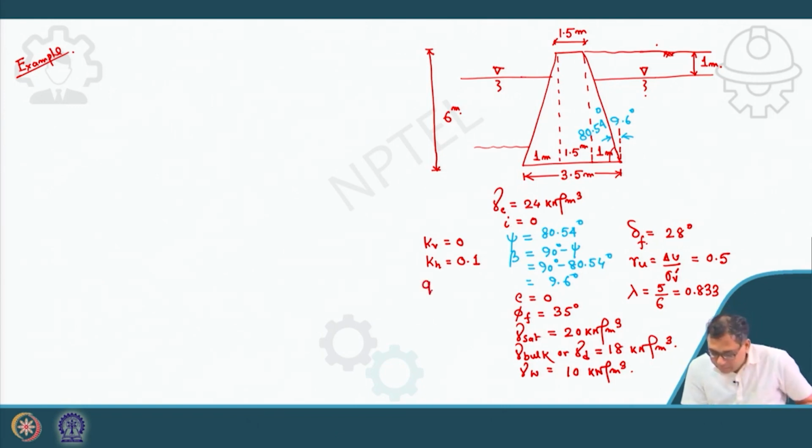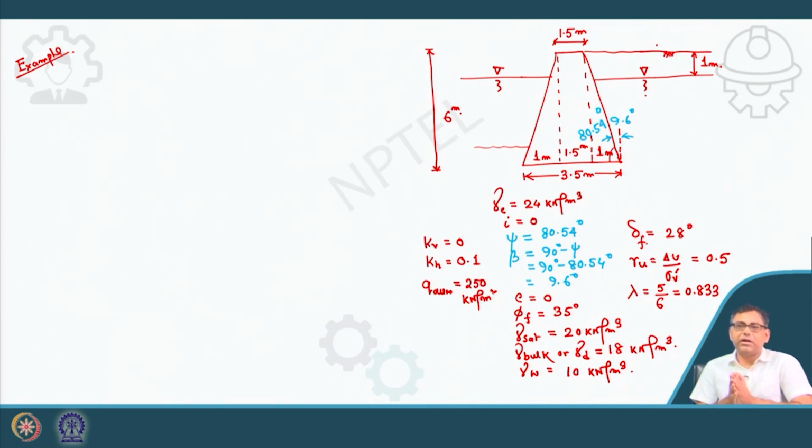And q allowable, that means the allowable bearing capacity of the soil, is 250 kilonewton per meter square. That part I am not calculating, how to calculate the bearing capacity under seismic condition. That is not part of this course, so I am not discussing that. That value has been determined and finally is given as 250 kilonewton per meter square.